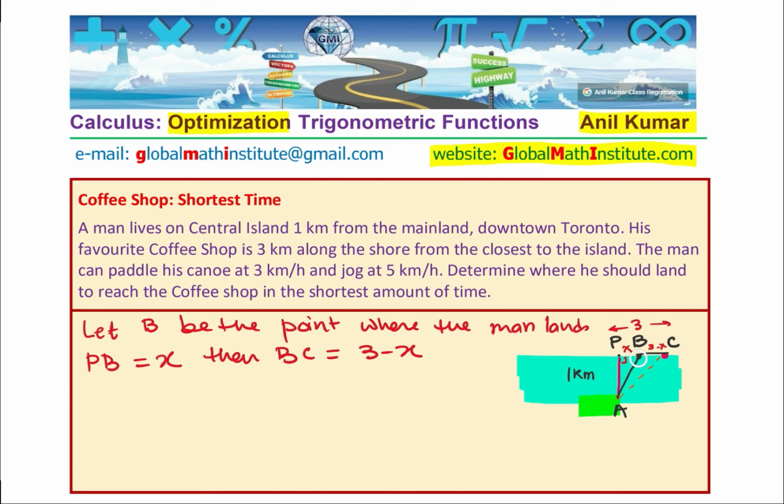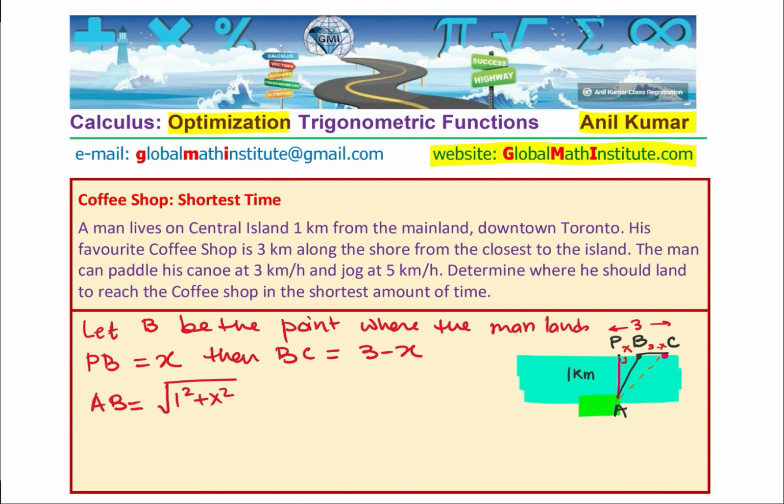So what is A to B? A to B is the path which the person canoed. That distance we can find using the Pythagorean theorem, with 1 kilometer and x kilometers of PB distance. So the square root of 1 square plus x square.